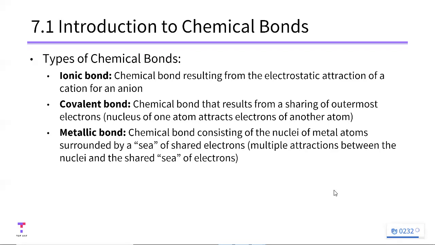Positive ion we call a cation. Negative ion we call an anion. But we've got two different charged ions, and we know that opposite charges attract. That's what puts them together. That's what creates that bond for us.